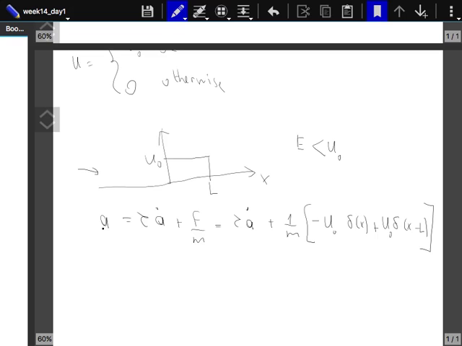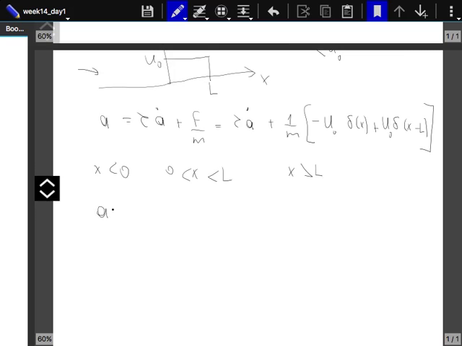So whenever you have these Dirac deltas in whatever question you have, you just try to avoid the Dirac deltas as much as possible. And one way to avoid it is to solve your equation for x less than 0, x larger than 0 but less than L, and x larger than L. So we will solve in these three regions.